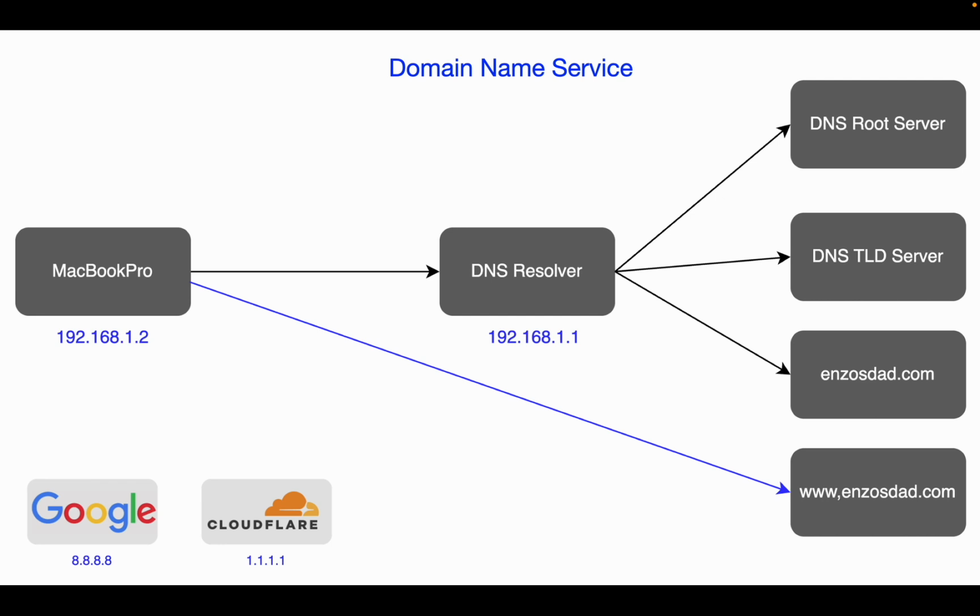So it asks the .com then, where's enzorsdad.com? It goes and finds the name servers for enzorsdad.com, and it asks where www.enzorsdad.com is. It gives the IP address back, and then the Mac directly calls www.enzorsdad.com.